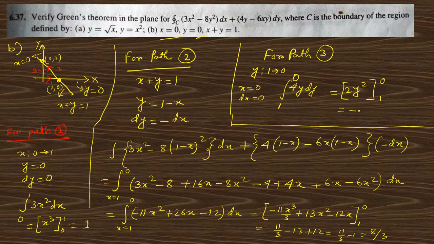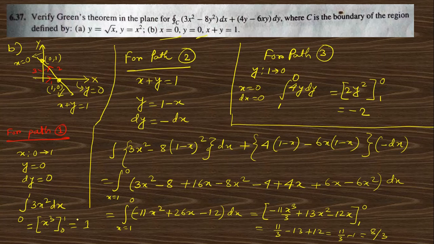So this is minus 2. So the total integral: the first one was 8 by 3, 8 by 3 minus 2, that becomes 8 by 3 minus 2, that is 2 by 3... that is 5 by 3, right?